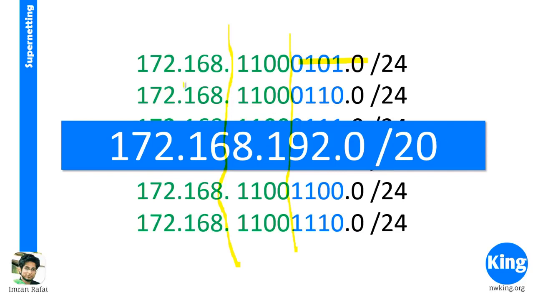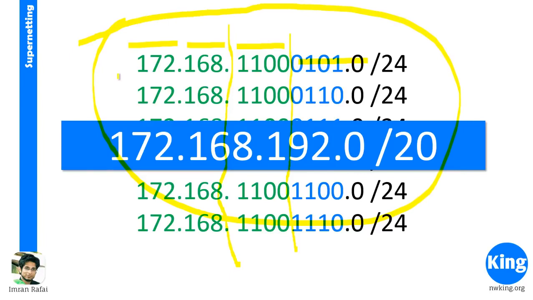How did I get /20? Count how many bits are here. This has 8 bits, this has 8 bits, and 4 bits here. So 8 plus 8 is 16, plus 4 is 20. So 20 bits: 172.168.192.0/20 represents all these networks.